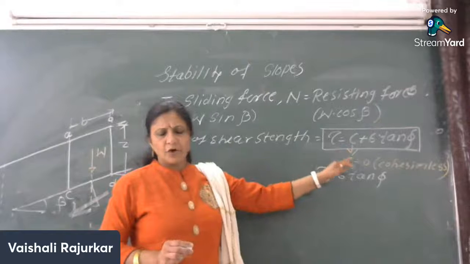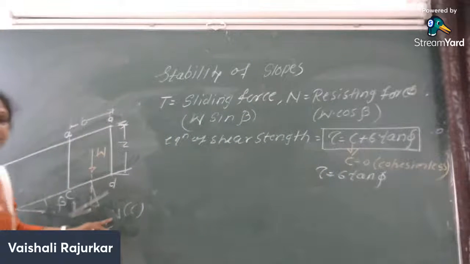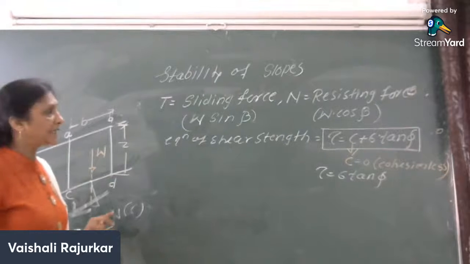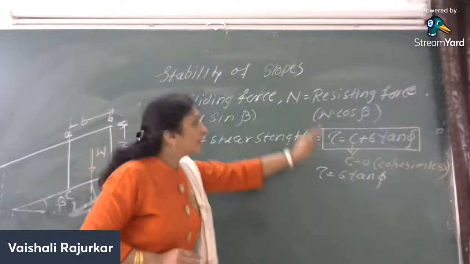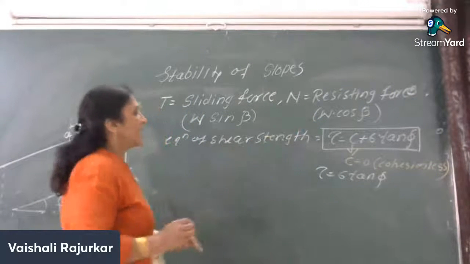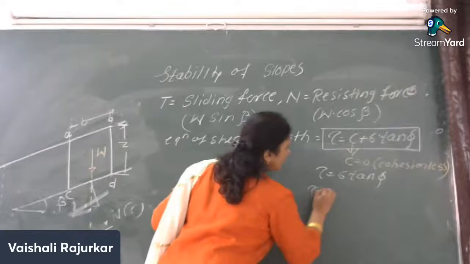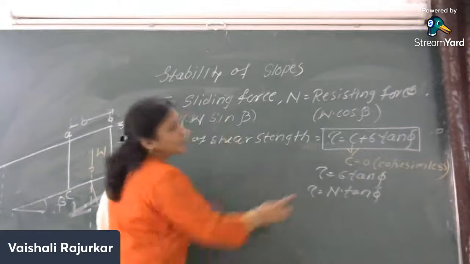Now here, what is this sigma? Sigma is basically the normal component. Therefore, this sigma will be replaced by N, and therefore tau is equal to N into tan phi. Now what is N?